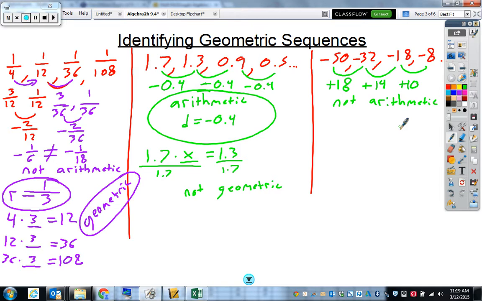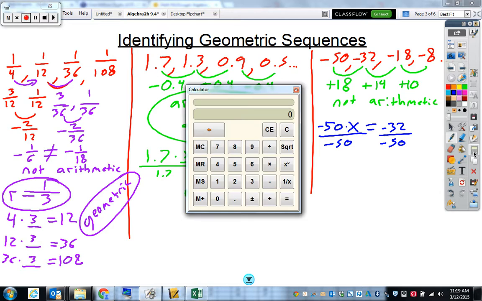So let's see here what can give us our geometric. Well, I can say negative 50 times x equals negative 32. Divide both by negative 50. Okay? So I'll pull my calculator up.